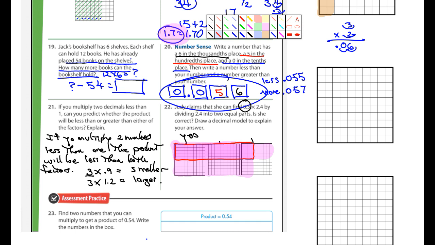Okay. So it says Judy claims that she can find 0.5 times 2.4 by dividing 2.4 into 2 equal parts. Is she correct? Draw a decimal model to explain your answer.